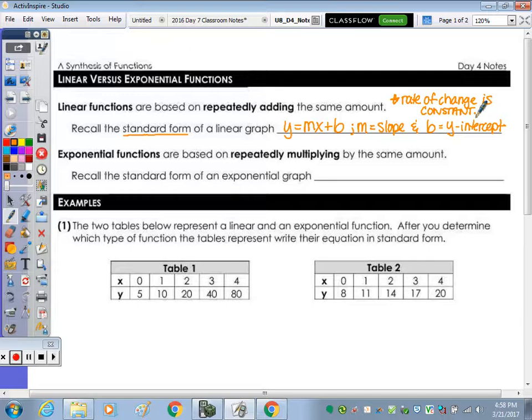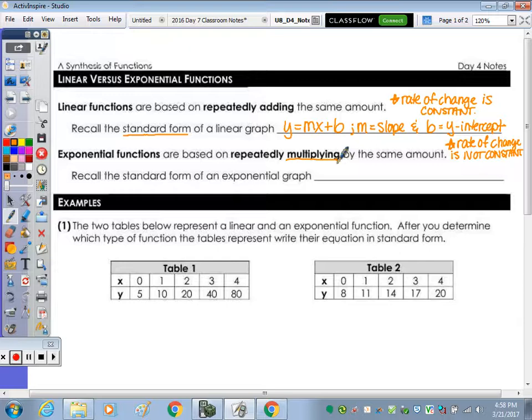So your rate of change is not constant. It's going to be increasing or decreasing by the same factor, or multiplying.